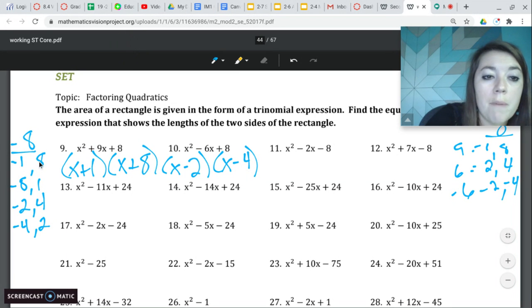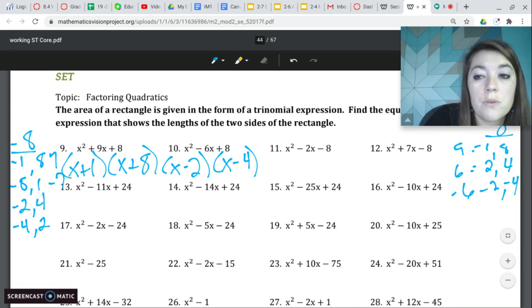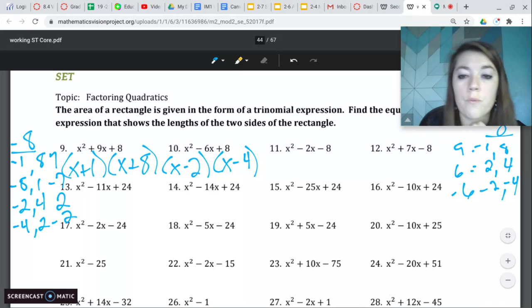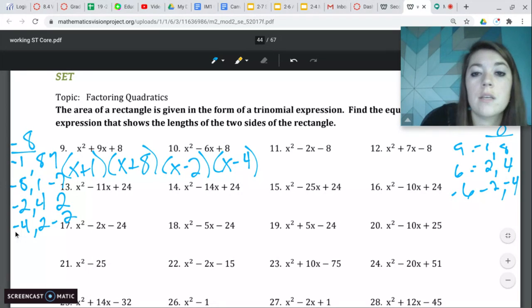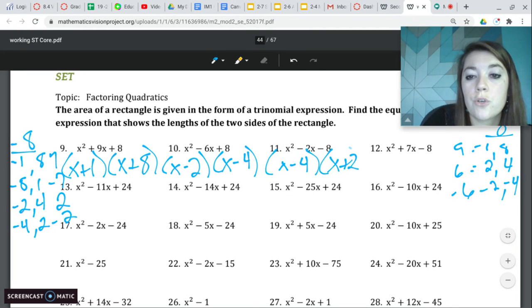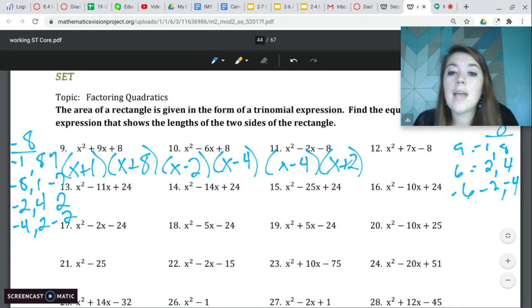So this first one here is going to give us a positive 7. This one is going to give us a -7. The next one, -2 and positive 4, that's going to give us a positive 2. The next one is going to give us a -2. So based on our problem, which B value do we need? -2. So we want x minus 4 and x plus 2.